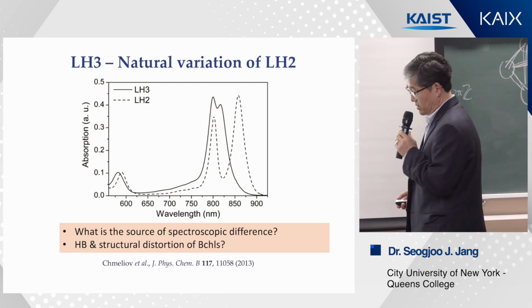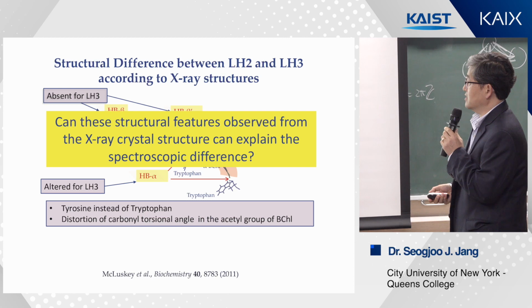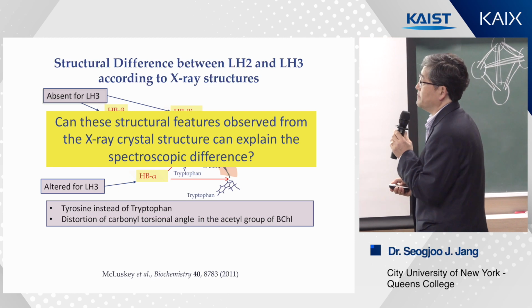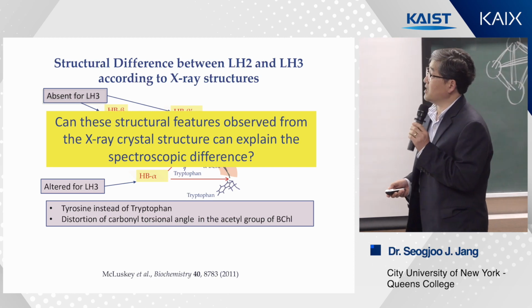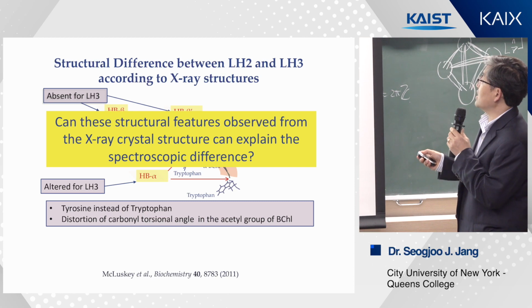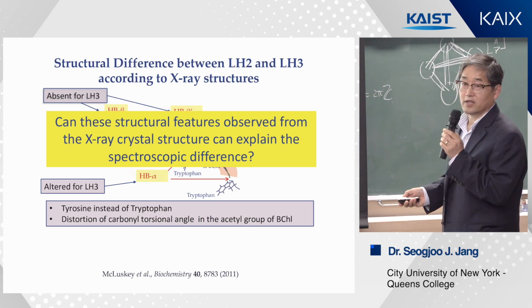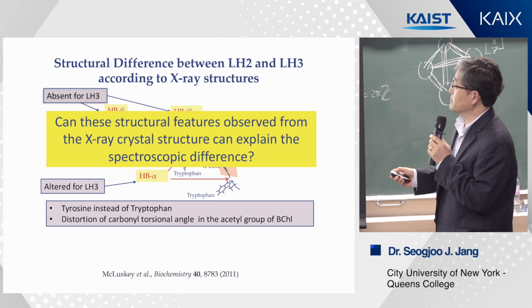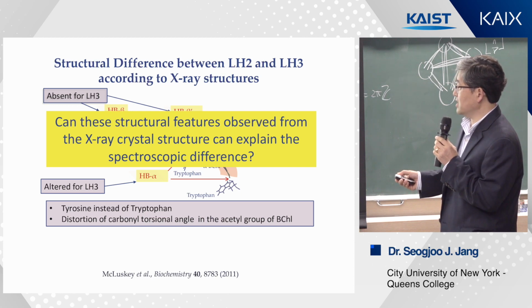And the common understanding or statement was that maybe this is because of the difference in hydrogen bonding, and also the structural distortion of bacterial chlorophylls. This explanation was mostly based on the X-ray crystal structure of LH3, because for LH3, it turns out that the beta bacterial chlorophylls are missing hydrogen bonding, and the alpha bacterial chlorophyll has a different kind of hydrogen bonding.